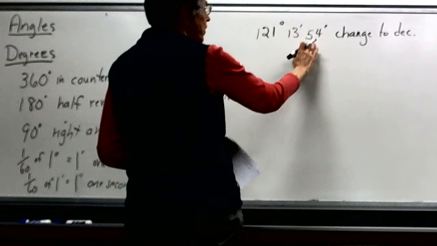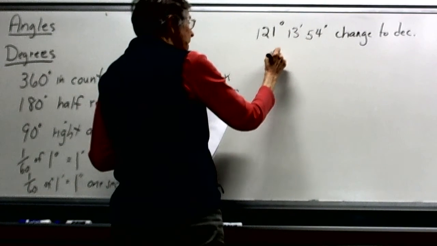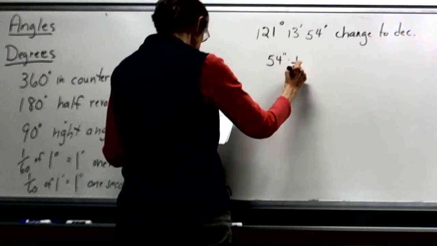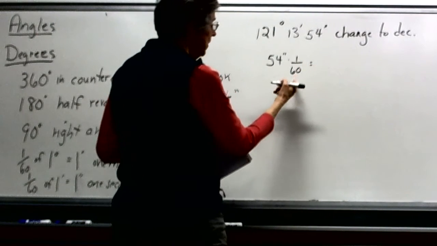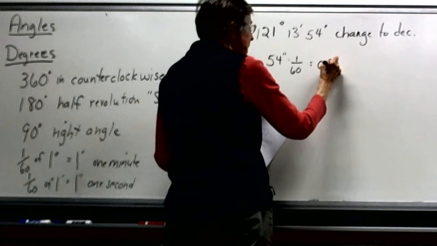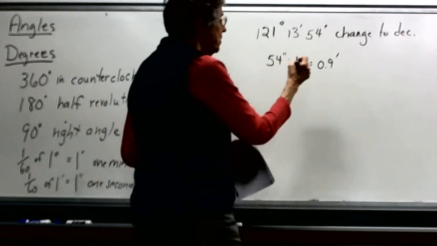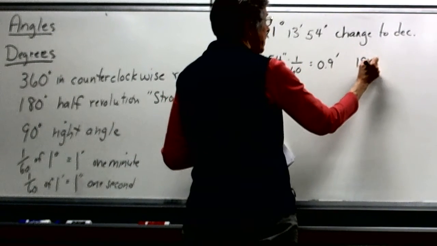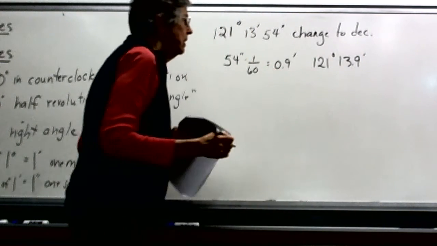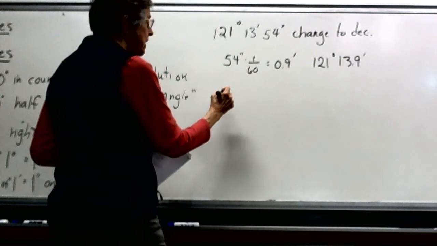Well, I'm going to start working from the outside with the 54 seconds. And it turns out that I can divide by 60. And I'll come out with the equivalent in minutes. Turns out to be 0.9 minutes. Okay. So our intermediate results then are 121 degrees, 13.9 minutes.